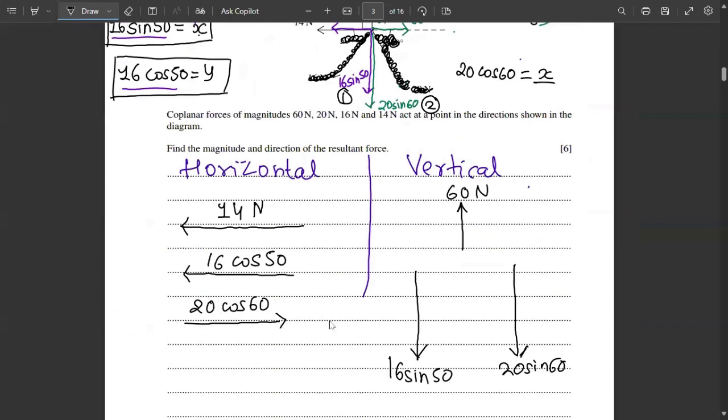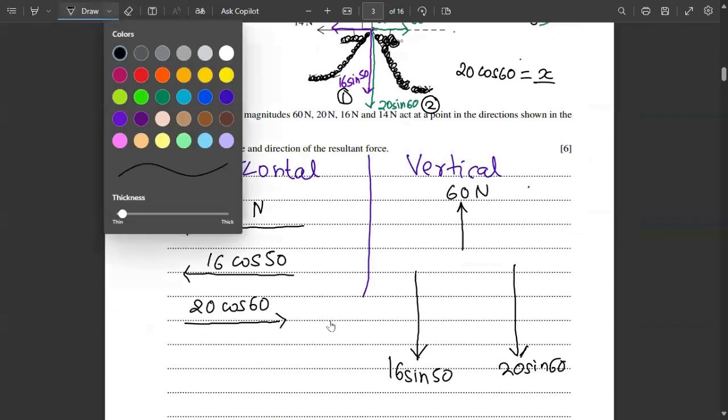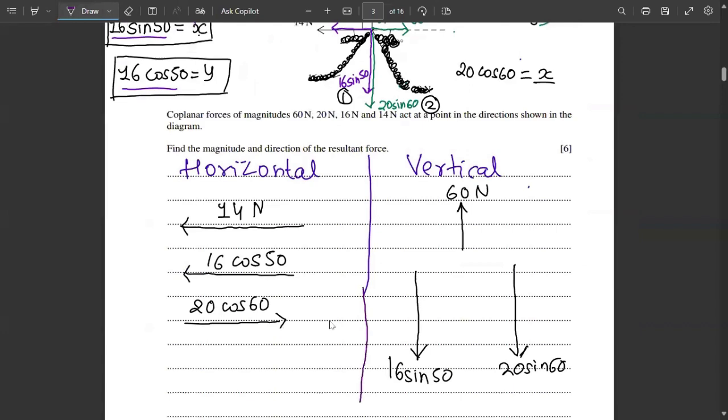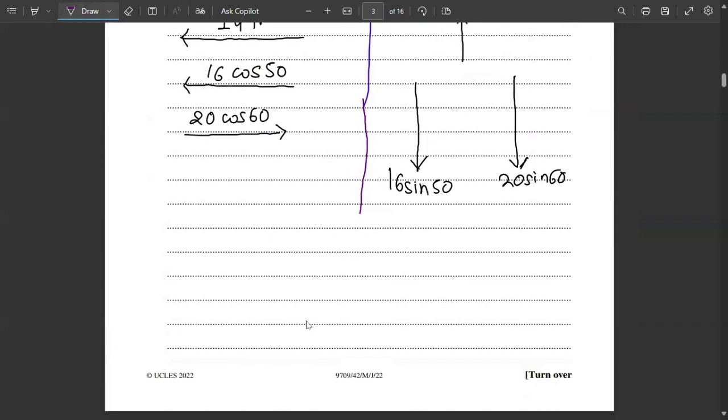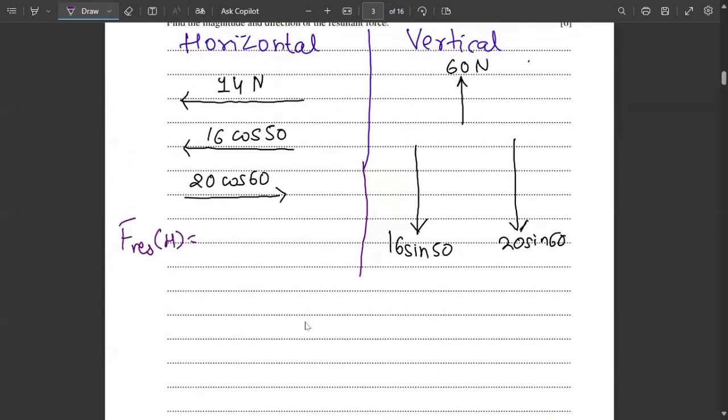In order to do that, first let's find out the resultant horizontal force. So the resultant horizontal force will be, if we are taking the left side as positive, then we can write 14 plus 16 cos 50 minus 20 cos 60. Let me rewrite it a little bit properly here.